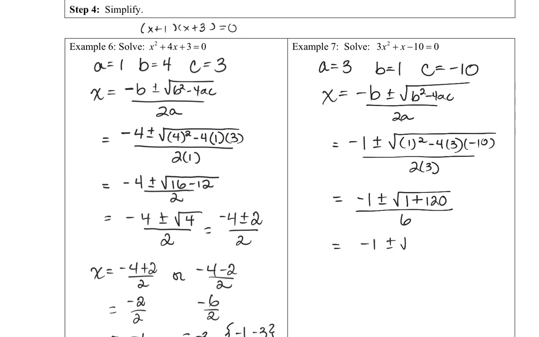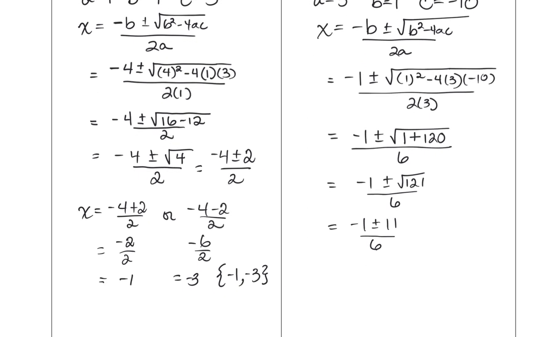1 plus 120 is 121, divided by 6. And the square root of 121 is 11. So now I have two answers, right? I have that x is equal to negative 1 plus 11 divided by 6, or negative 1 minus 11 divided by 6.